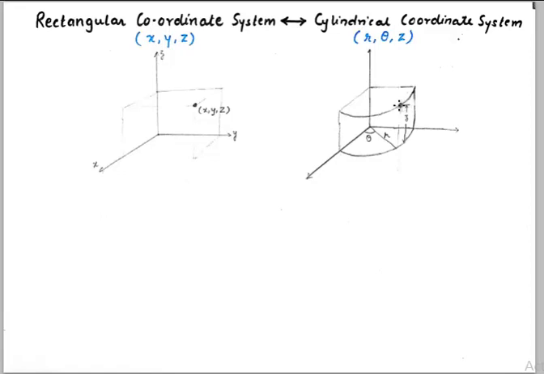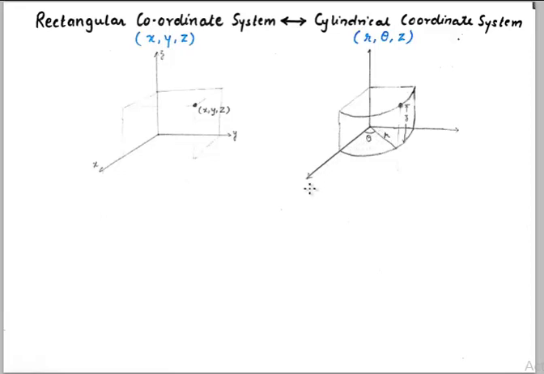So let us say we have this point. Now this point is considered to be lying on the surface of a cylinder, and whose quarter part is just shown in this quadrant. The point is lying on the surface of the cylinder, which if you drop this point on the previously assumed xy plane and you measure the distance of that point from the origin, you'll get the radius or the r.